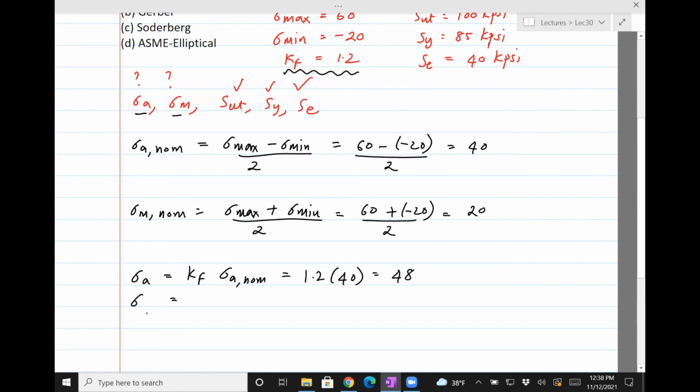Sigma m equals Kf sigma m nominal, which is 1.2 times 20, which is 24, and this is kpsi. Okay, so we have sigma a and sigma m now. It's a matter of using the equations to find the factor of safety.